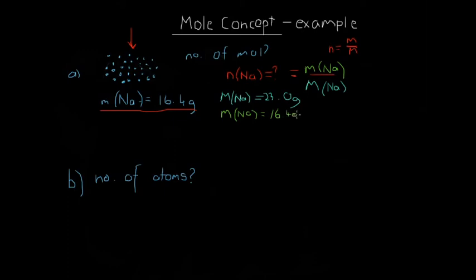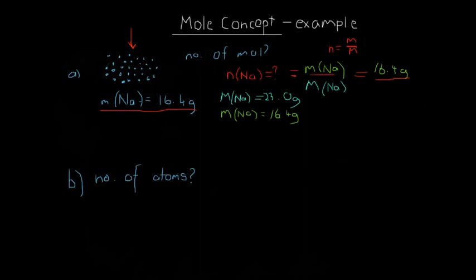So now we can figure out the mole. We substitute these two values in up here. We say this is equal to 16.4 grams divided by 23.0. It's important to keep track of the units, as that's a good way to know you've done the calculation correctly.